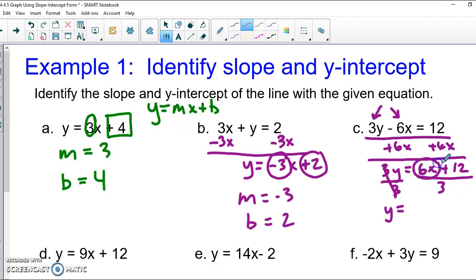So first I will do 6x divided by 3, which is 2x, plus I will take 12 divided by 3, which is 4. So in slope-intercept form, my equation is y equals 2x plus 4. So my slope would be 2, and my y-intercept is a +4.